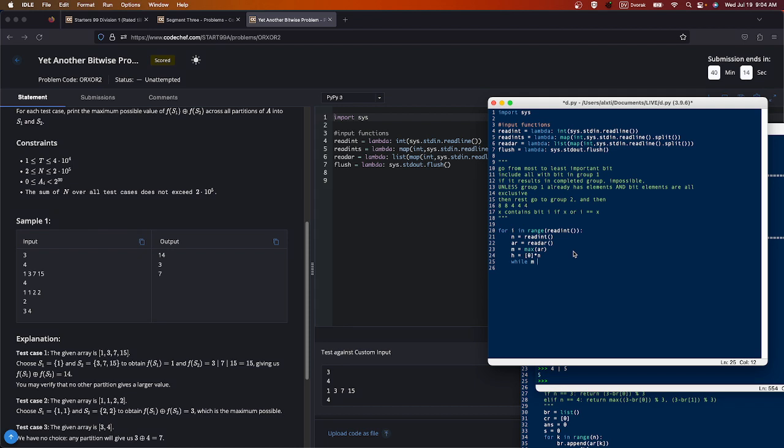While M is less than or equal to... well, B is less than or equal to M double B, and then once we've exceeded, just divide by 2.